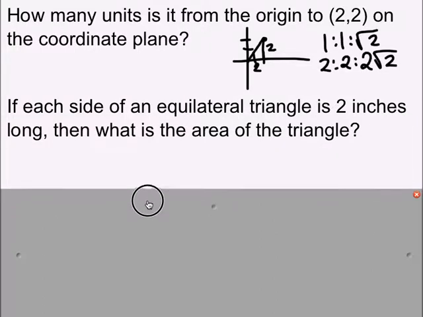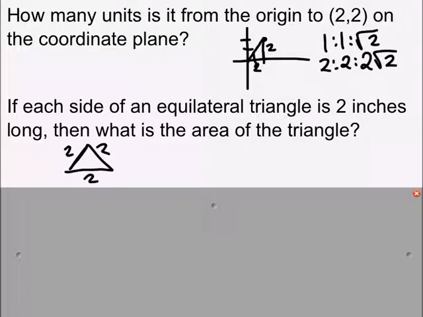All right, if each side of an equilateral triangle is 2 inches long, what's the area of the triangle? Well, if we have this equilateral triangle, 2, 2, and 2, that means that we are cutting this in half so that we can use our 30, 60, 90 ratio of 1, root 3, 2.